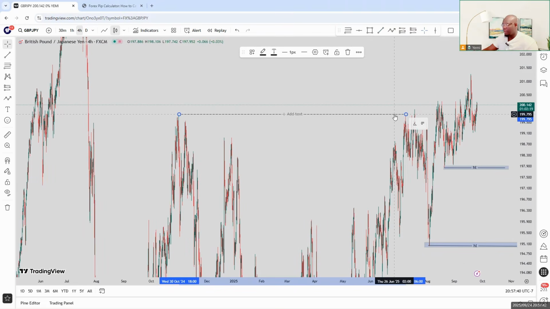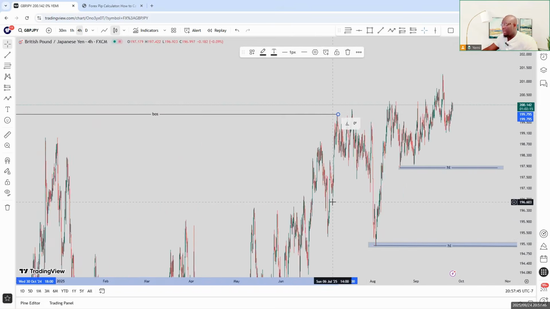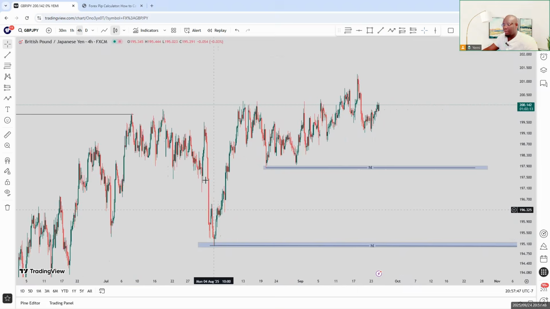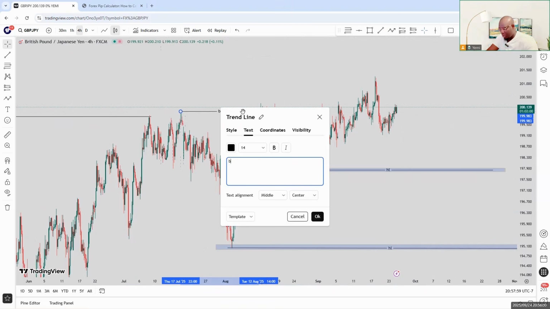Let's identify it. So we had that bigger break of structure right here, and look at the market. The market came back right here, formed into this most recent low, then went back to the top. So what happened again? The market took this off as also a break of structure.